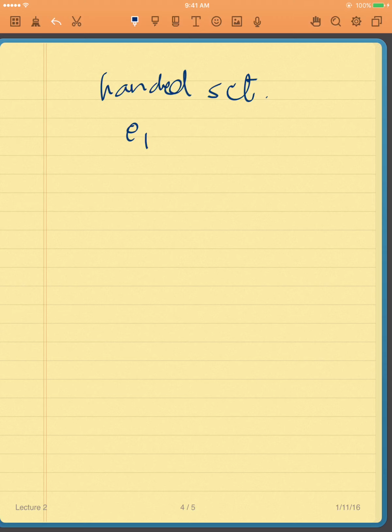So when I say right-handed, it has to satisfy the following rule. E1 crossed into E2 is equal to E3 hat, right? And this is some new set of unit vectors, n1, n2, n3, E1, E2, E3. They're all a set of unit vectors that are mutually perpendicular, so they must be mutually perpendicular and satisfy the right-hand rule.